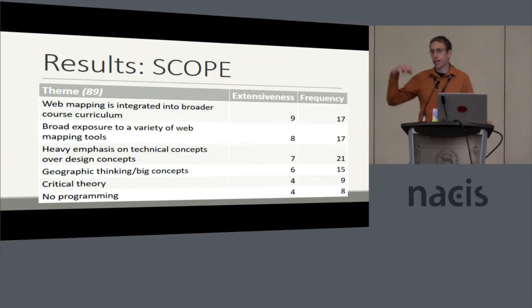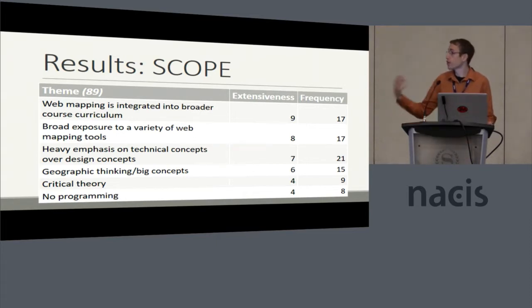So the course topic was on something not specific to web mapping, something like cartography or even some other geography course that taught web mapping as a means to a different end. 8 people had a goal of broadly exposing students to quite a few different tools. And 7 emphasized technical concepts over design concepts. So that was a lot.